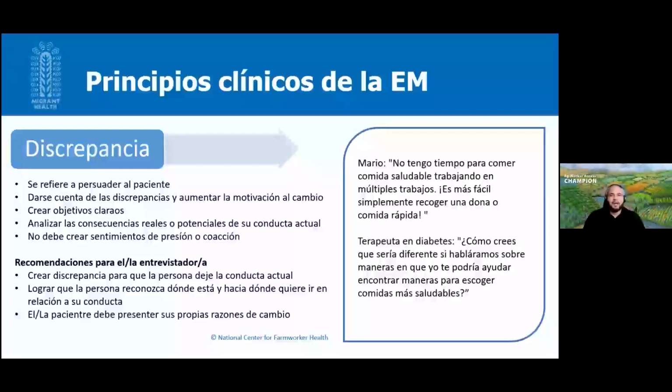It's also important to help the patient recognize where she is and where she wants to go in relation to her behavior. And the patient needs to be able to express his or her own reasons for changing.